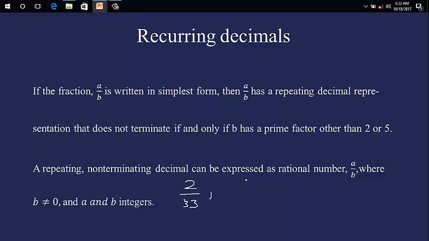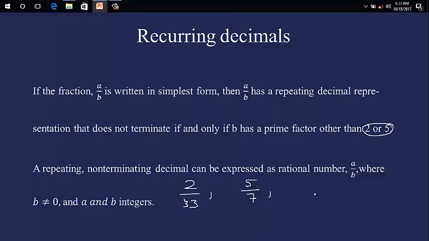Now, if you have 5 over 7, this one is going to give you a repeating and non-terminating decimal. So if prime factors other than 2 or 5 are in the denominator, you are going to get a recurring decimal. We are saying prime factors apart from 2 or 5.